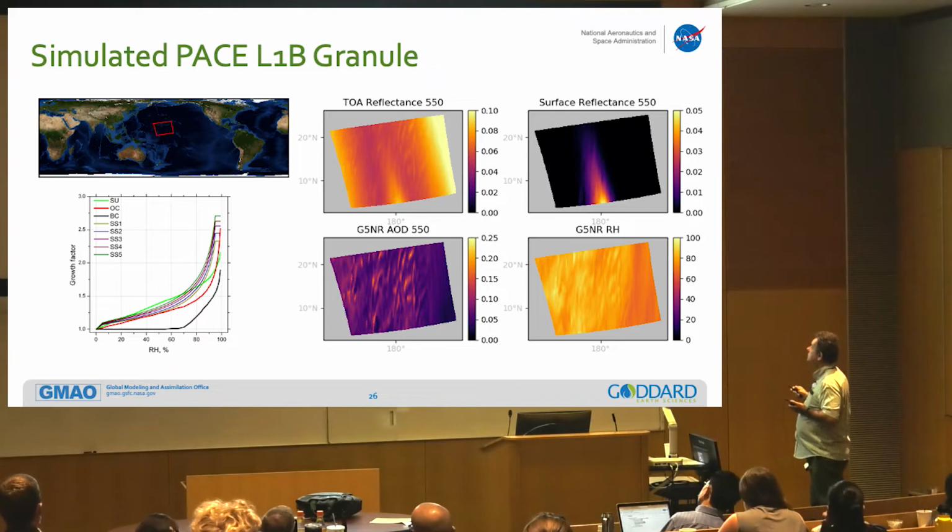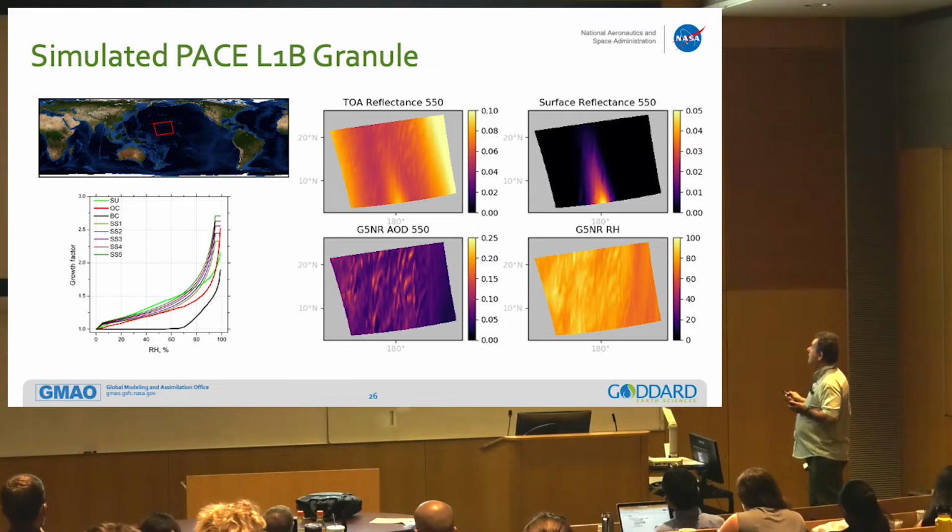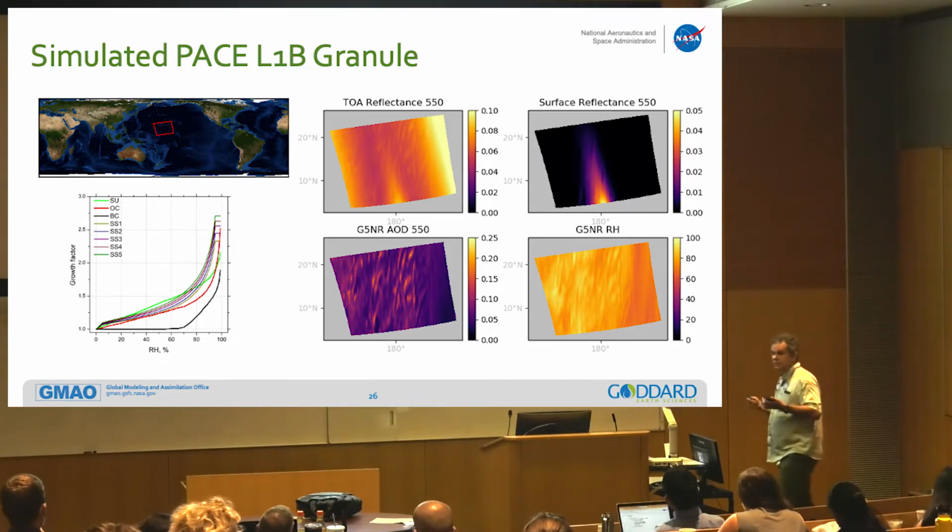And here's the surface reflectance that was put in at 500 nanometers. And that's the aerosol optical depth. That's the atmosphere. So here you can think about the top of the atmosphere as the sum of the surface plus the aerosols. And you can see a lot of the aerosols are modulated by the relative humidity.